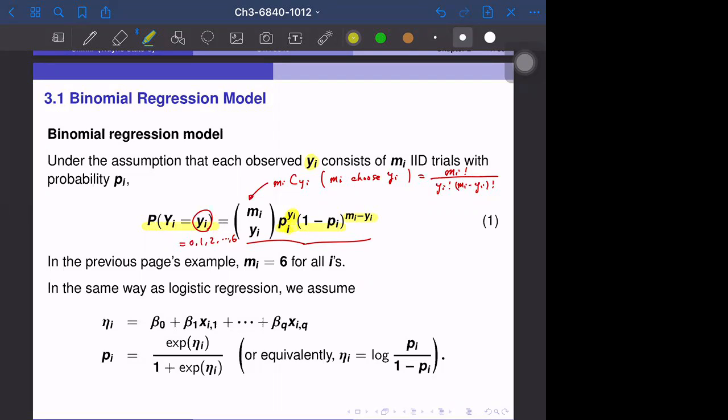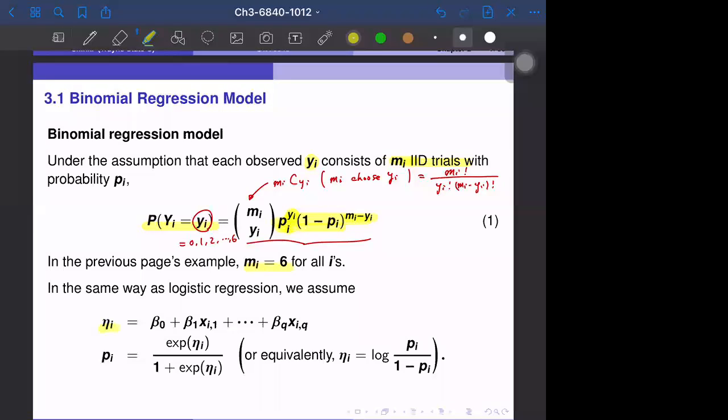So the likelihood is this, if all events are independent and all have success probability pi. This is based on the IID assumption on these mi trials. In our case, mi is 6 for all observations, and other settings are the same as logistic regression.